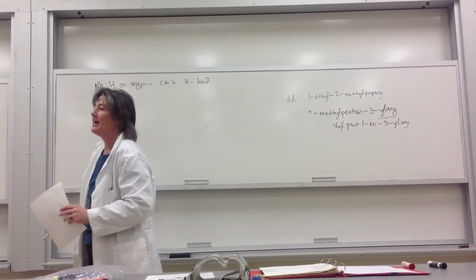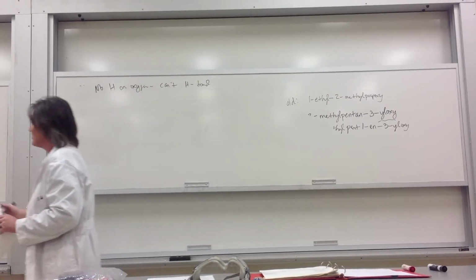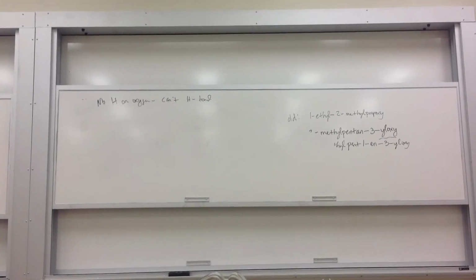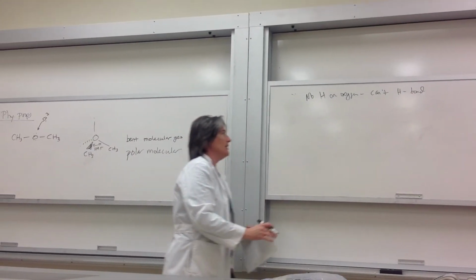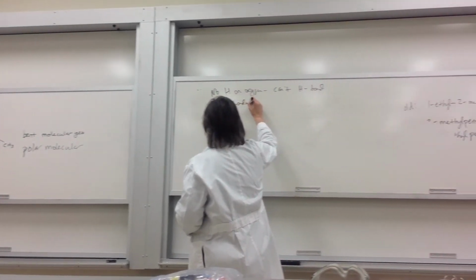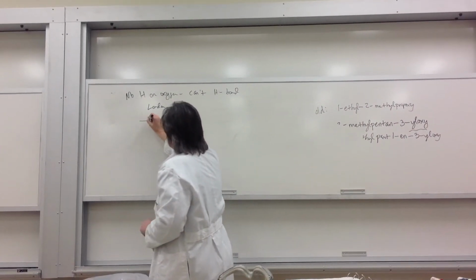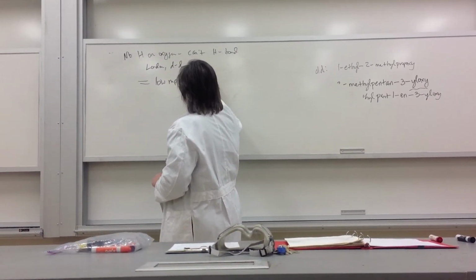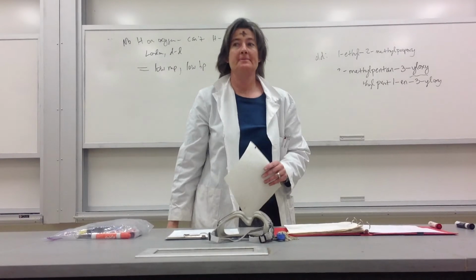Since it can't hydrogen bond, it's a polar molecule though. So let's make a note here. Since it can't hydrogen bond, it's got London force. It's got dipole-dipole. So what you see with these guys, low melting point and a low boiling point.